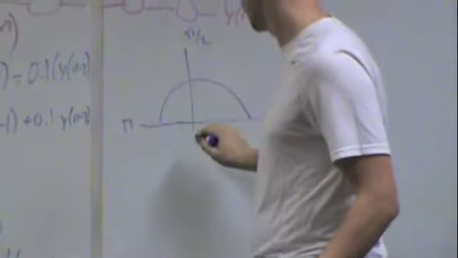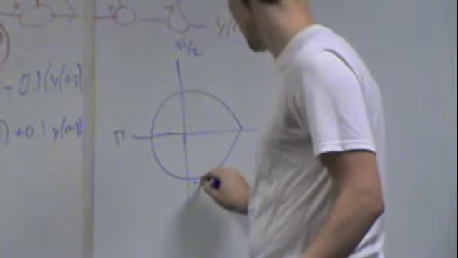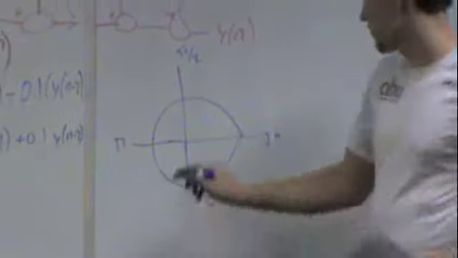So then we take that and we evaluate it. This first term is 0, because it's 3 pi, and I can draw a circle for you. So 3 pi takes you to right here, where sine is 0.